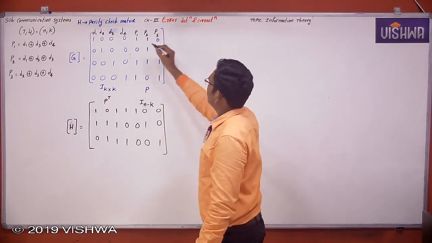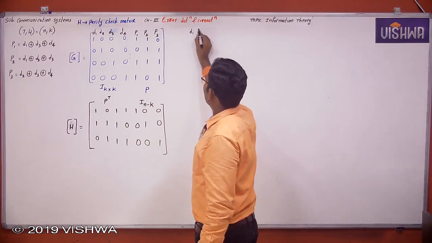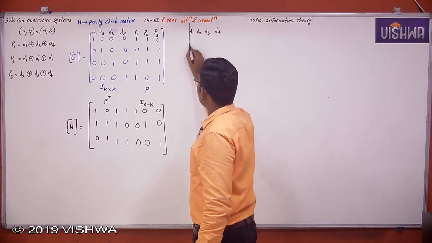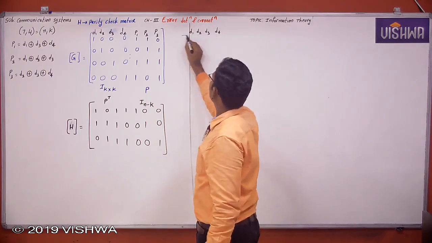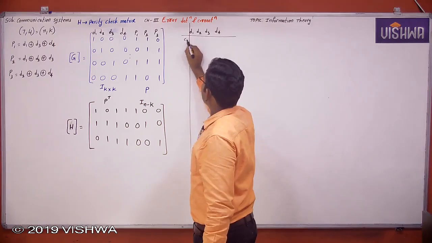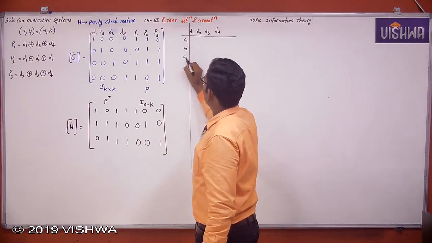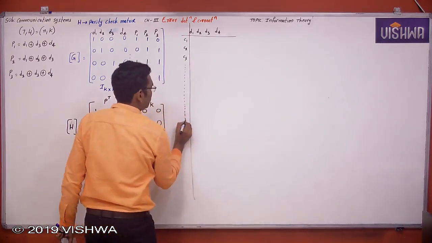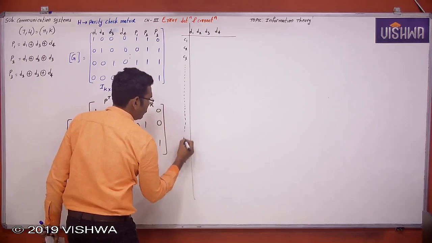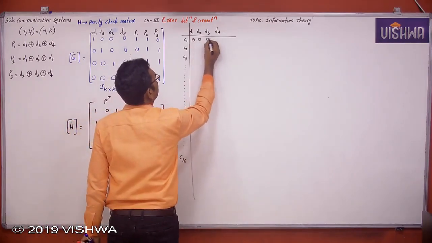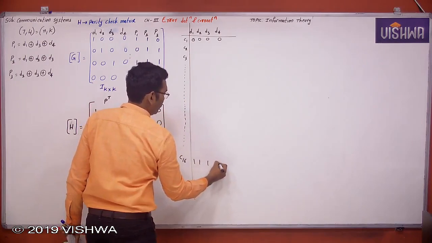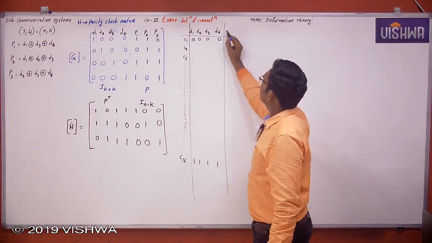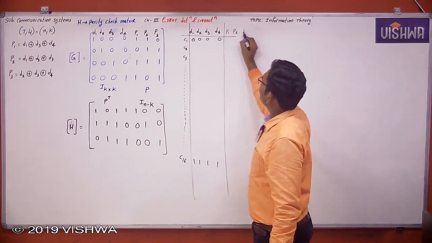There are 4 data bits, D1, D2, D3, D4, so how many possibilities? 2 power 4, 16 codewords, C1, C2, C3, and so on up to C16, from 0 0 0 0 to 1 1 1 1. Now find all the possibilities. Next, find P1, P2, P3.